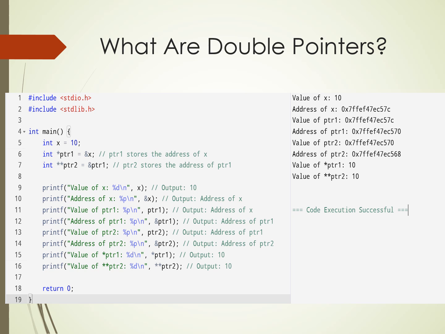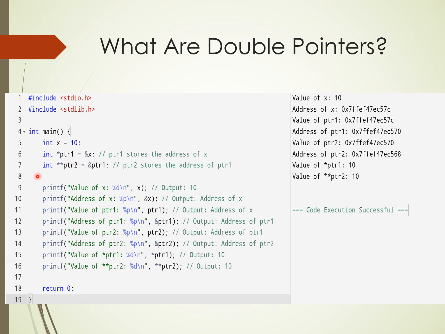This snippet of code illustrates the working of pointers and double pointers in detail. So in this code, we have declared a variable x and assigned it the value 10. Then we declared a pointer *ptr1 and assigned it the address of x.